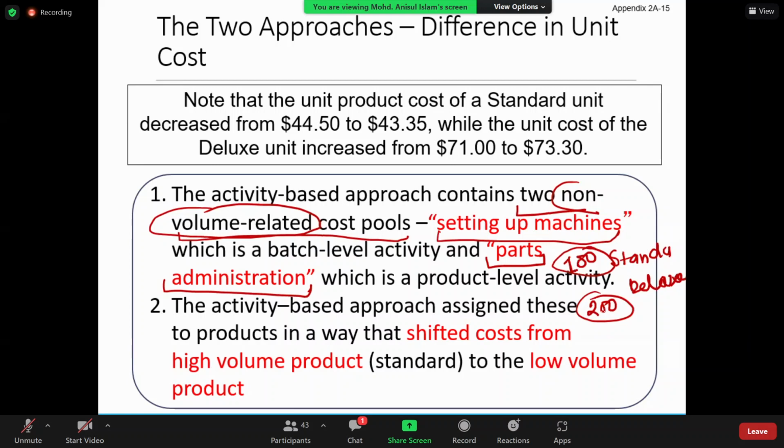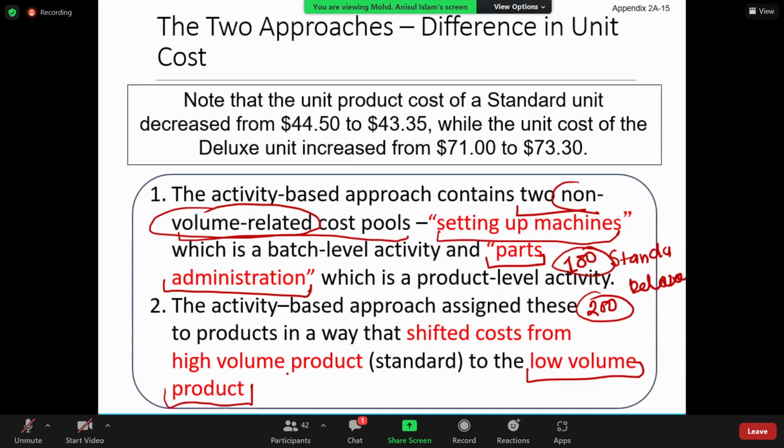So it will be wiser if we shift more setup cost to the low volume product, because they require more setup, which is not connected to the volume, but rather to the category of product you are producing.